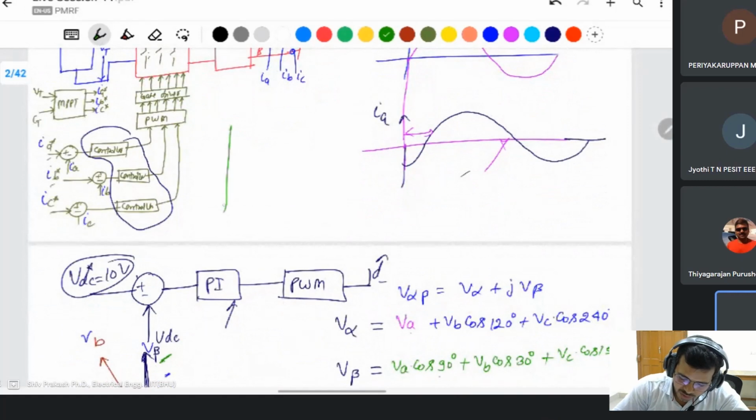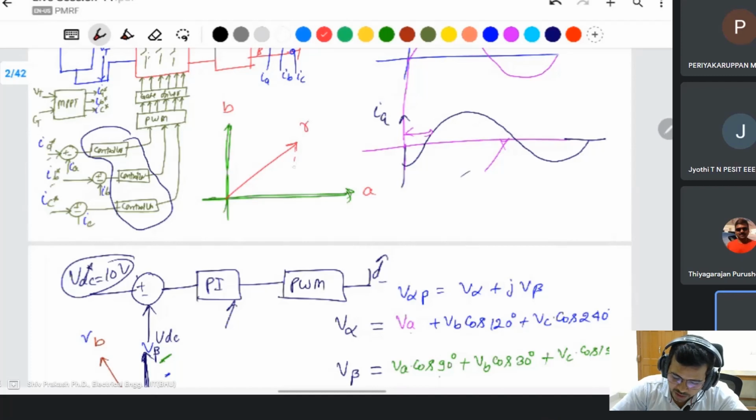Why cos? Do you know about this? There is a triangle. Suppose this is A, this is B, and any vector of ours is R. What is the value of the projection of R on the A vector?